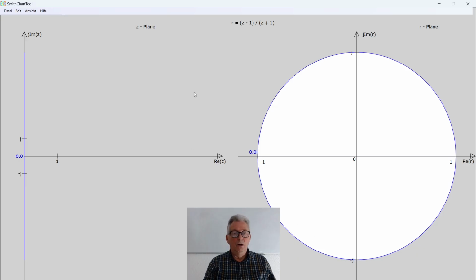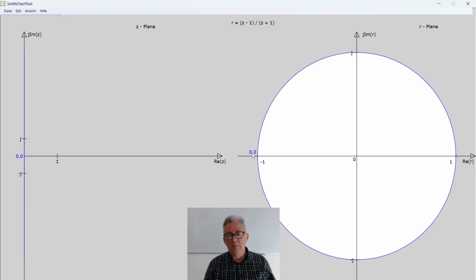So all impedances lying in the right half plane of the Z plane will be mapped into the unit circle in the gamma plane. And especially here you see that this point is described by its impedance.